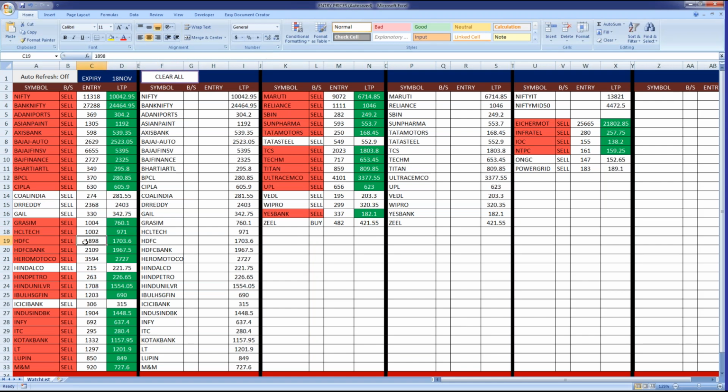So you can calculate for various scripts like this. You minus the LTP and your entry prices, multiplied by lot size, and you will get your profit, and then you see what is your margin required, and then calculate the return on investment.